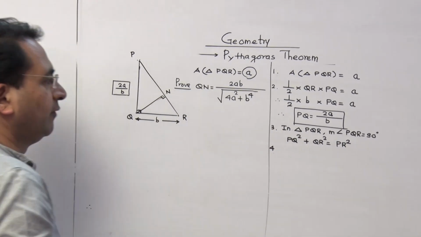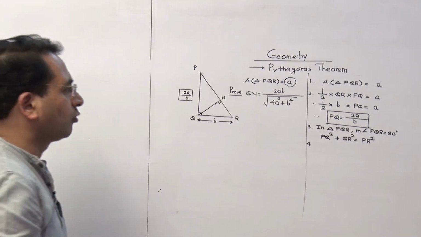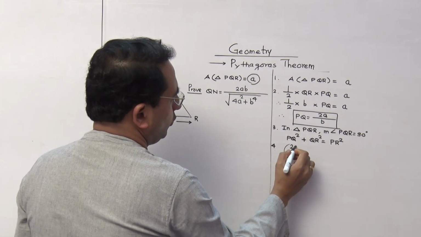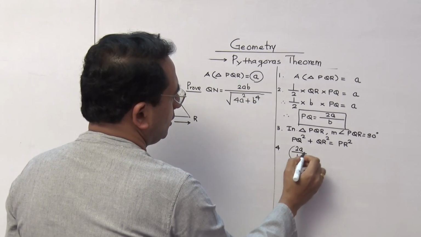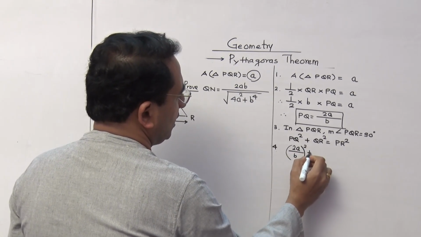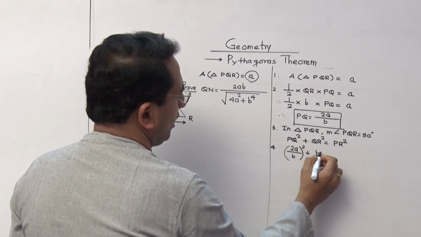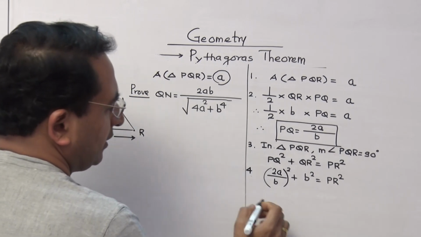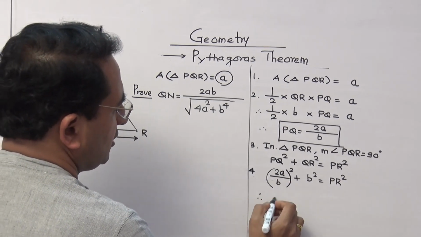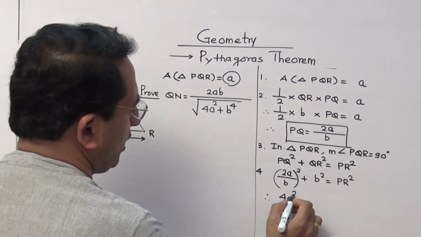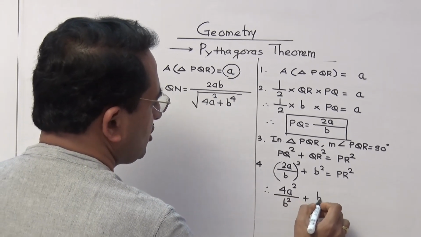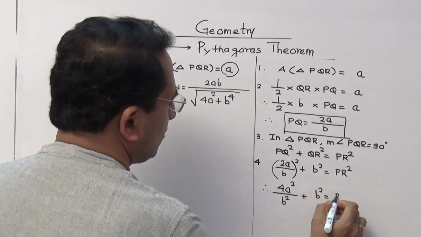Now you substitute the values. PQ square, that means 2a upon b in brackets squared, plus QR square, means b square, is equal to PR square. Same calculation, the answer of this will be 4a square upon b square plus b square is equal to PR square.